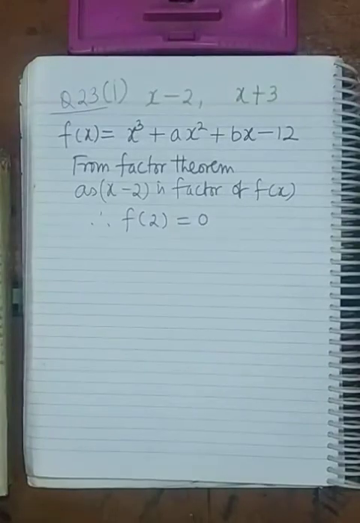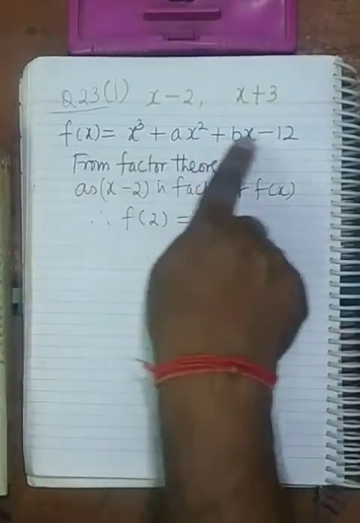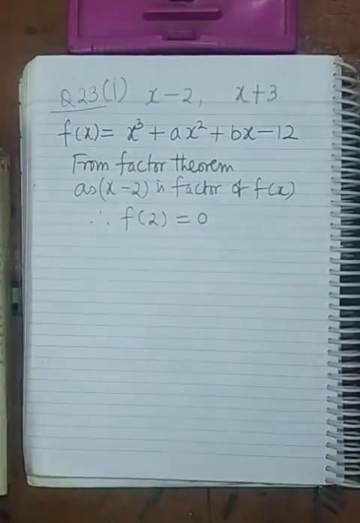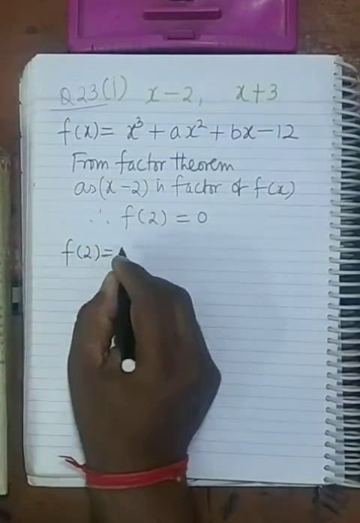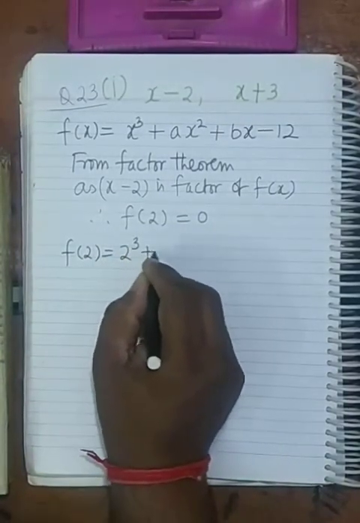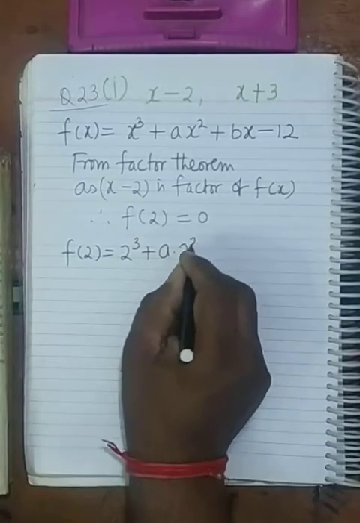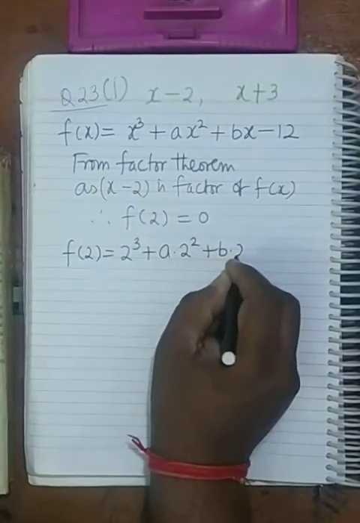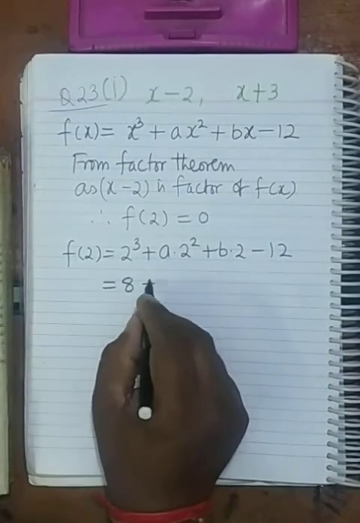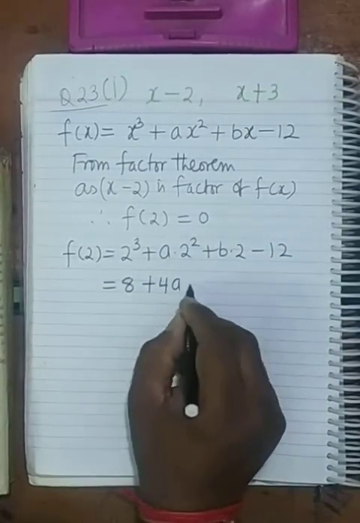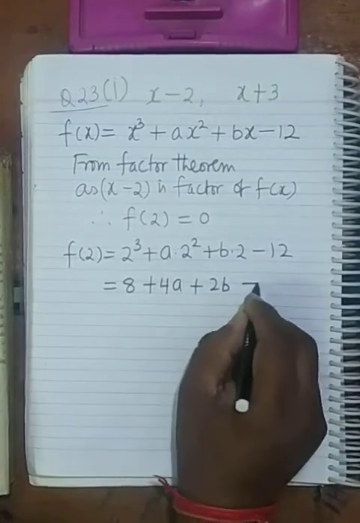f(2) will be 0 means here you will put 2 in place of x. So you find out f(2) equals 2 cube plus a into 2 square plus b into 2 minus 12. When you simplify it, it is 8 plus 4a plus 2b minus 12.